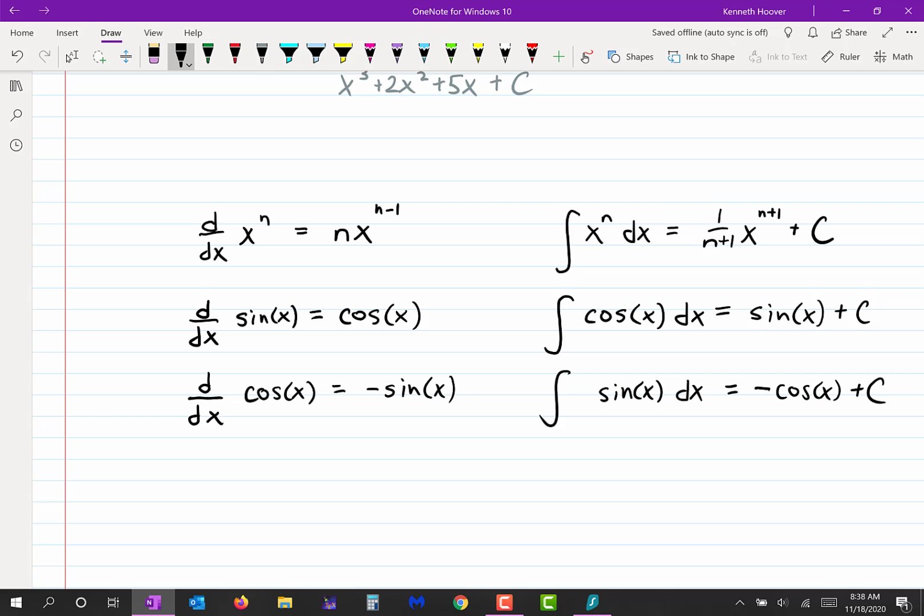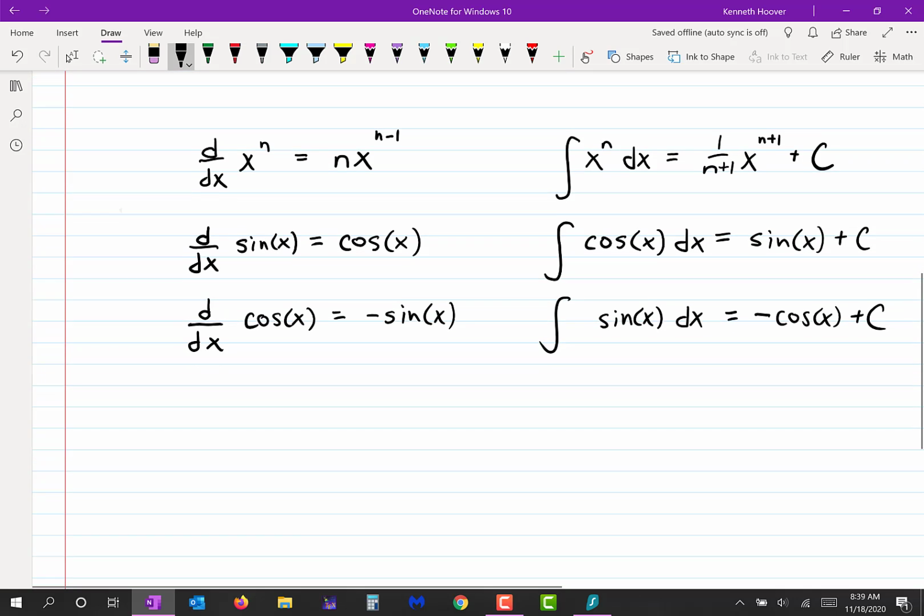And I will in a few minutes. Let's write down a few more derivatives that you already know, and then write down the integrals that go with them.